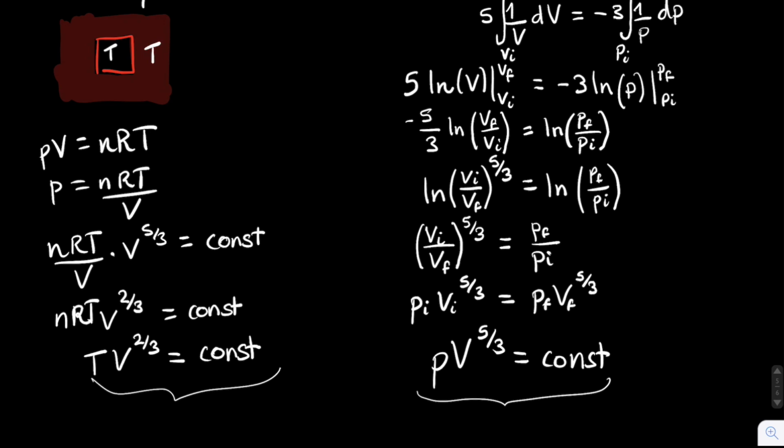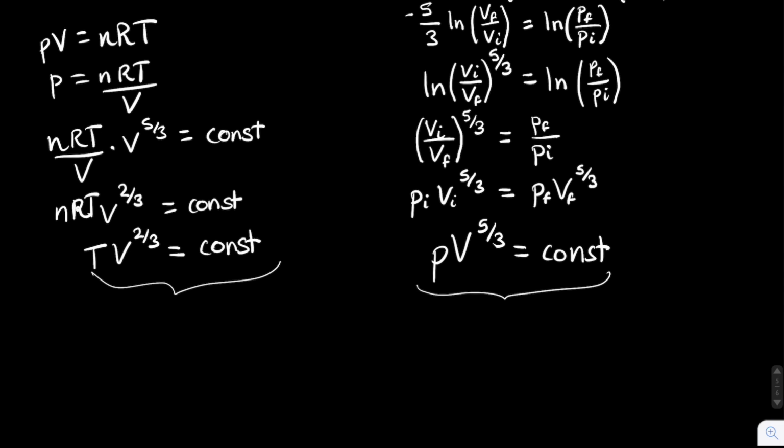You might, instead of seeing 5/3, actually see the symbol gamma. Gamma is often used. And why have we called this thing gamma? Well, what was 5/3? We've seen this 5/3 somewhere before. 5/3 is simply the ratio between CP and CV.